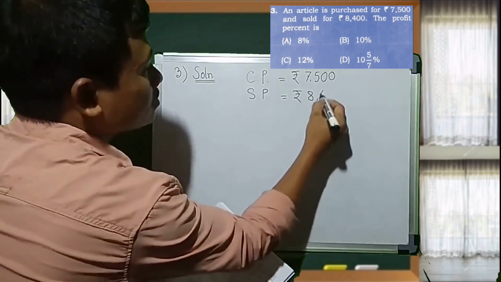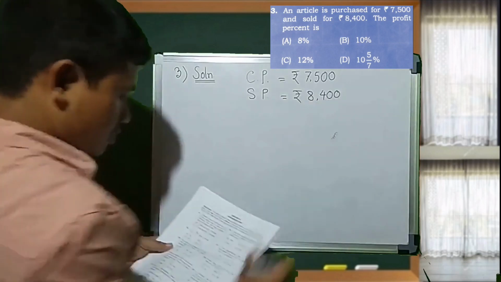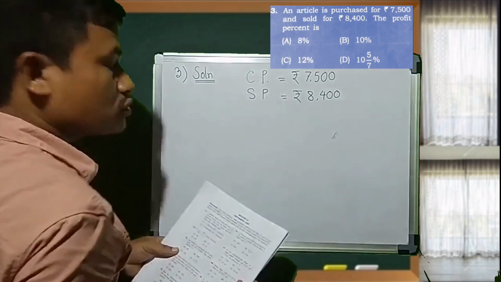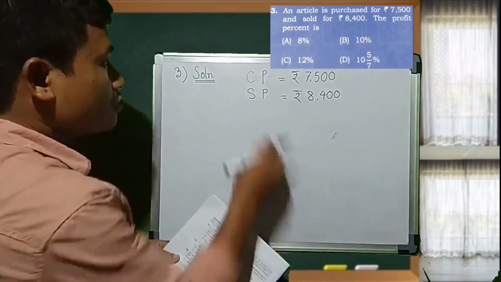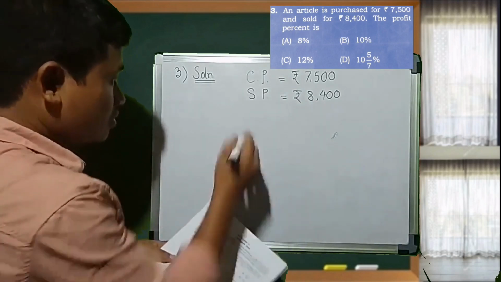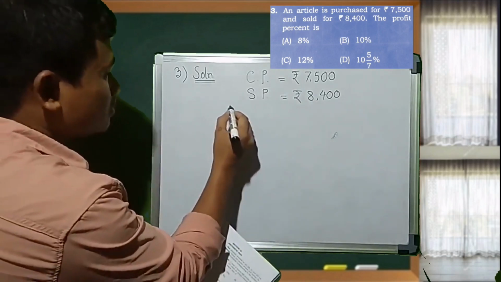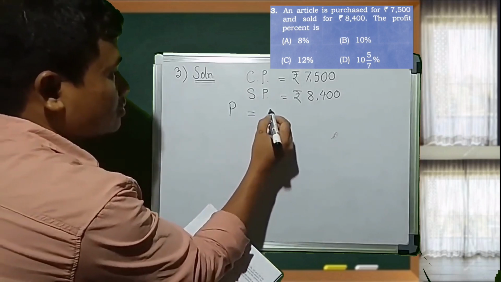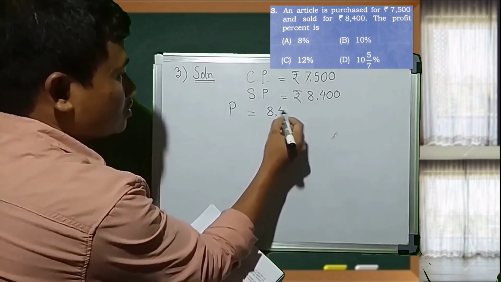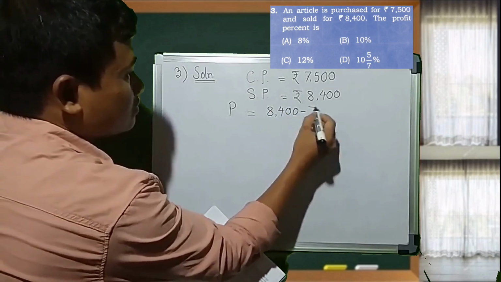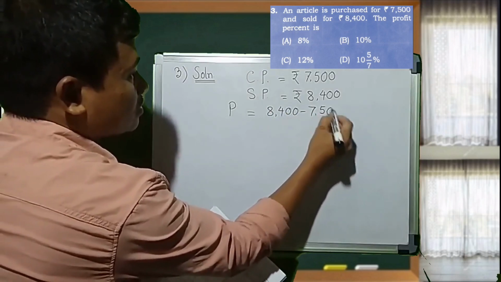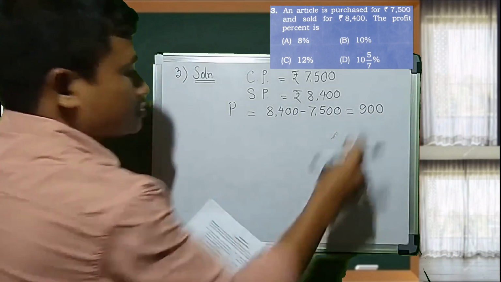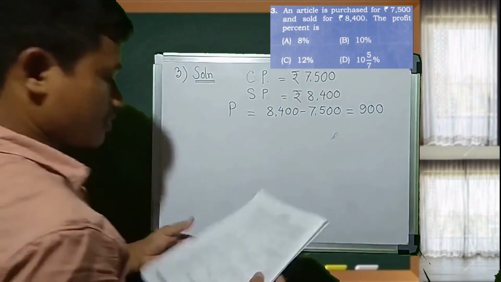Since the sale price is more than the cost price, there will be a profit. So what is the profit? Profit is denoted by P, and profit is 8,400 minus 7,500. Then we will get 900. The profit is 900 rupees.